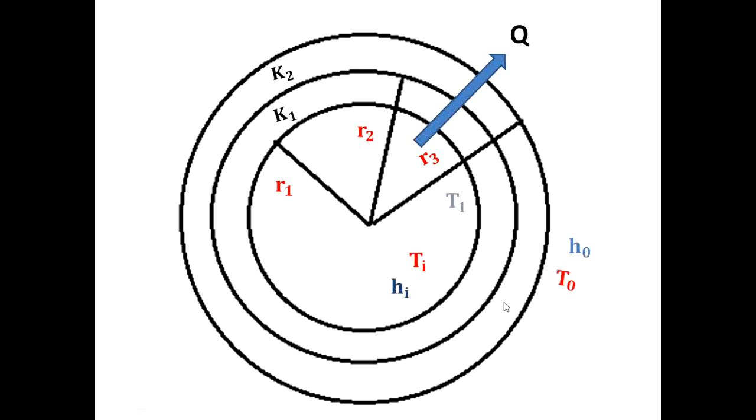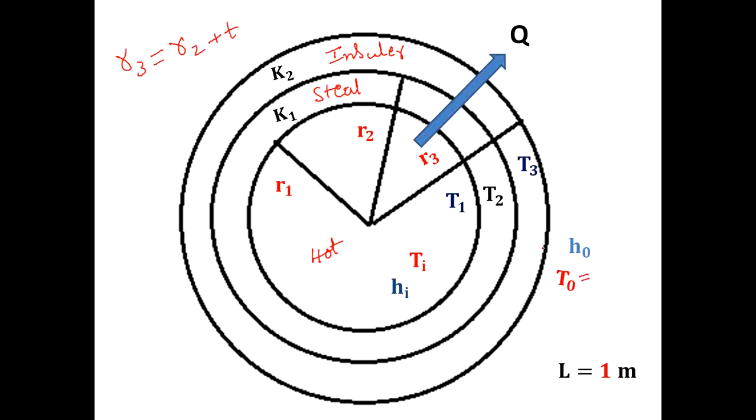Note on this sketch. R3 is going to be R2 plus thickness. This is steel. This is insulator. h0. Here you have the hot fluid. The cold temperature will be different, that is 20 degrees Celsius, it is given.